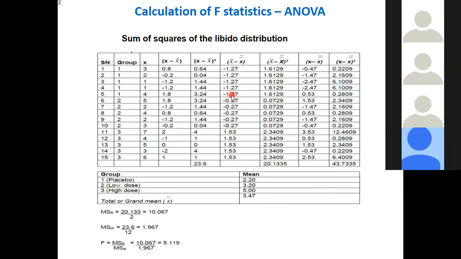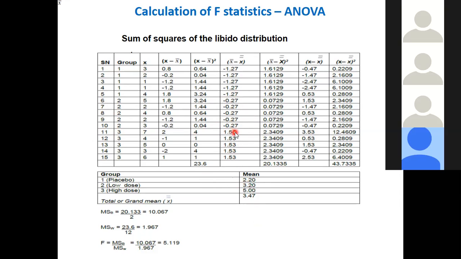For the next 5, numbers 6 to 10, which is group 2, you remove 3.47 from 3.2, which is the group mean. It gives you minus 0.27, the same for all 5 of them. Then the last group, 11 to 15, group 3, you remove 3.47, the grand mean, from 5, which is its own group mean.